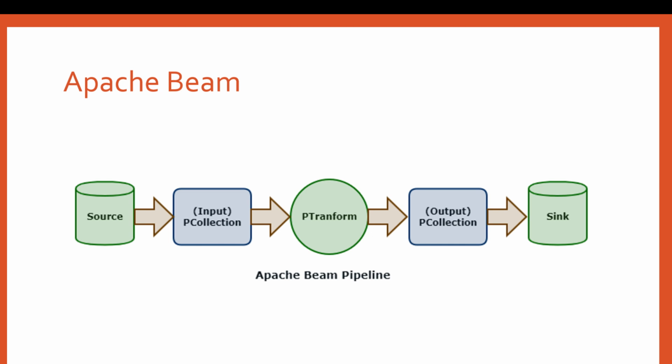Okay, there are other tools developed by Apache. There are different projects developed by Apache, that is Apache Hadoop, Apache Spark, Flink, Cassandra, and Kafka. So Beam is also one of those Apache projects.